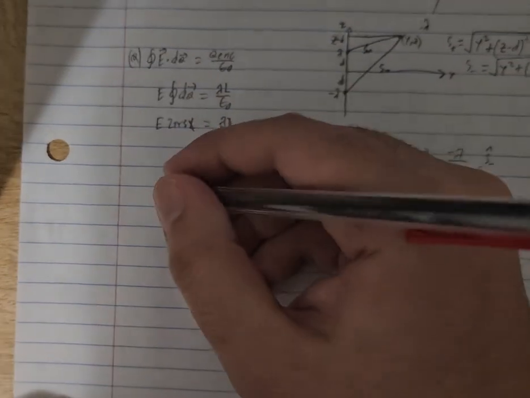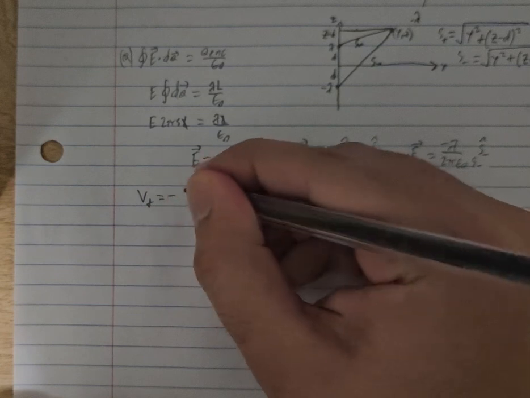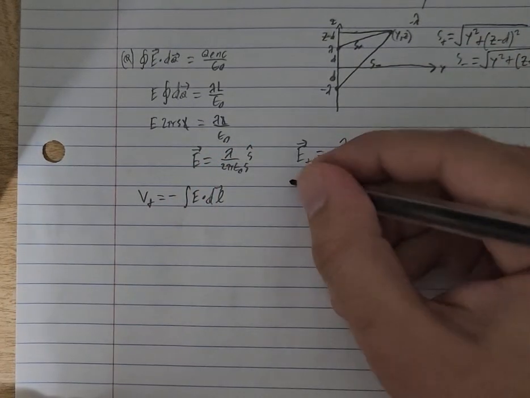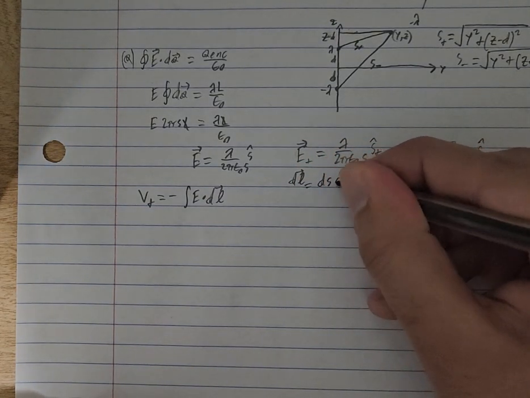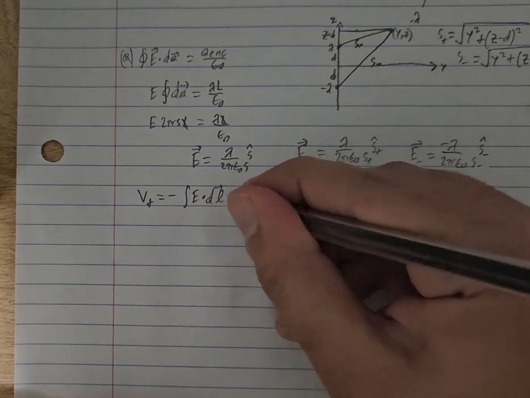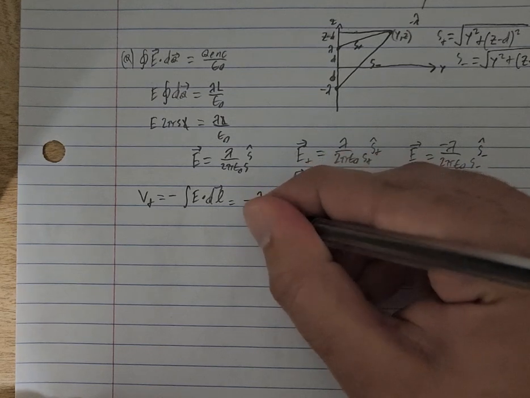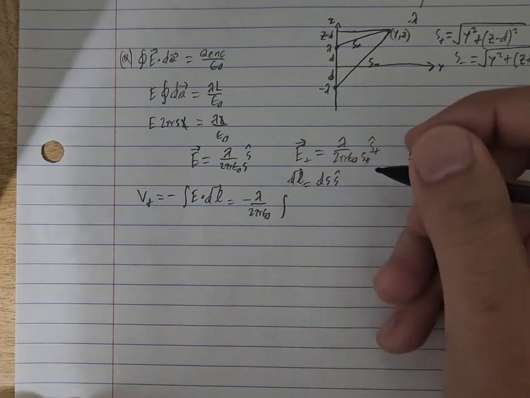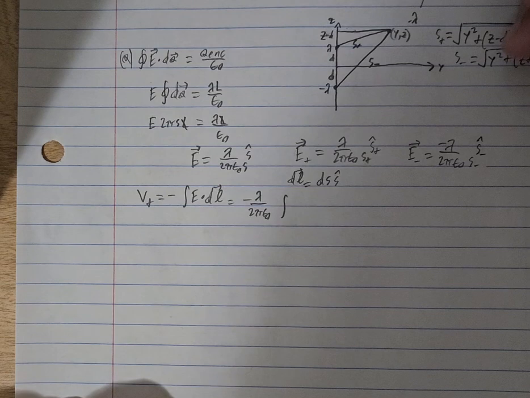So we can find this potential: V plus is negative the integral of E dot dl, where our dl is ds s hat. This would be negative lambda over 2 pi epsilon naught, and from here we can use this reference point of distance d from the origin to s.